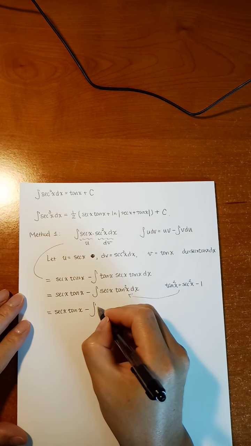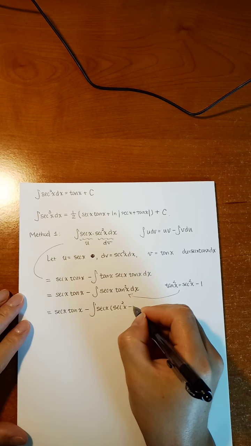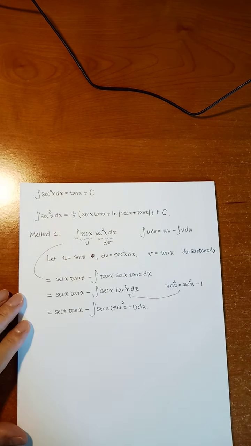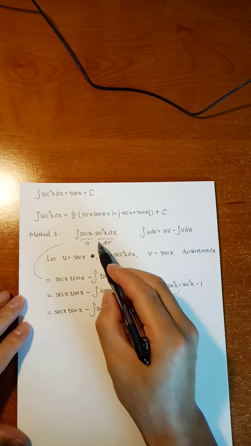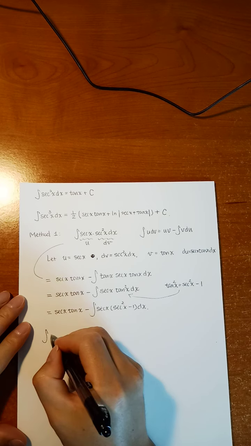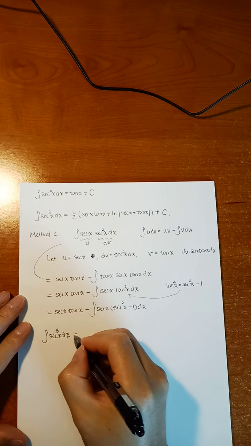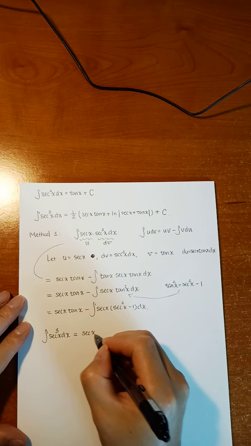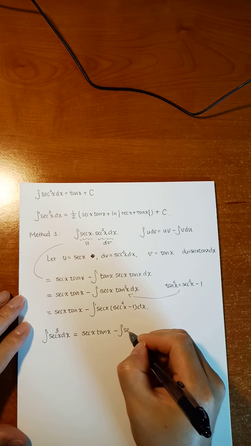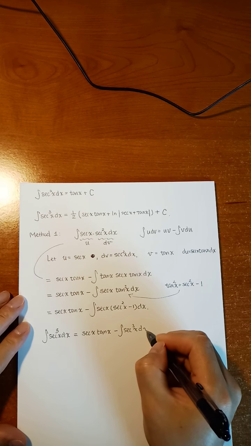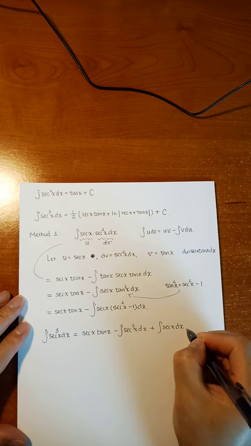We have secant x times secant of x squared minus 1 dx. All right, so let me rewrite this. This one, I copy it. It's the left-hand side. And the right-hand side is secant of x times tangent of x, minus the integral of secant of x cubed dx, plus the integral of secant of x dx.